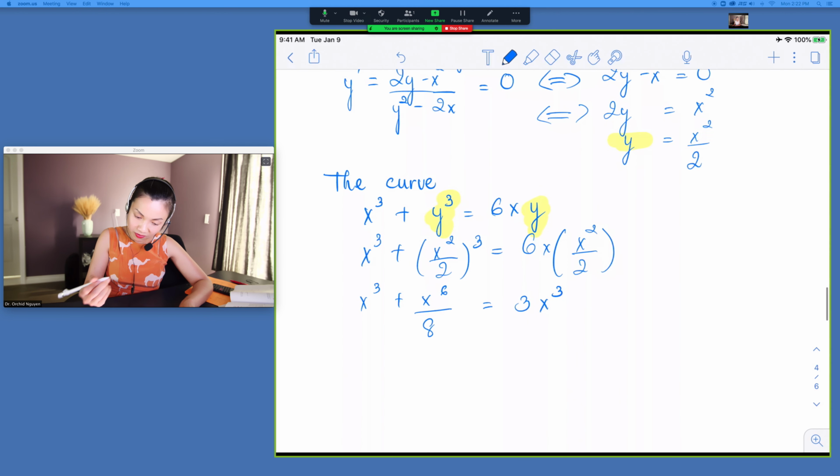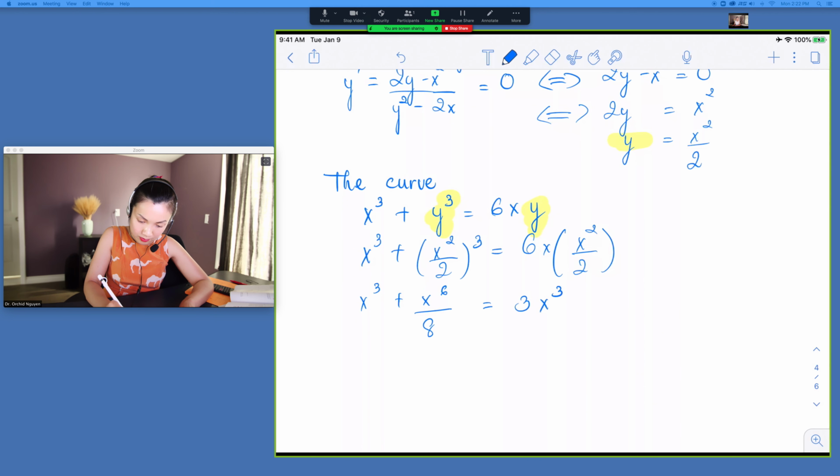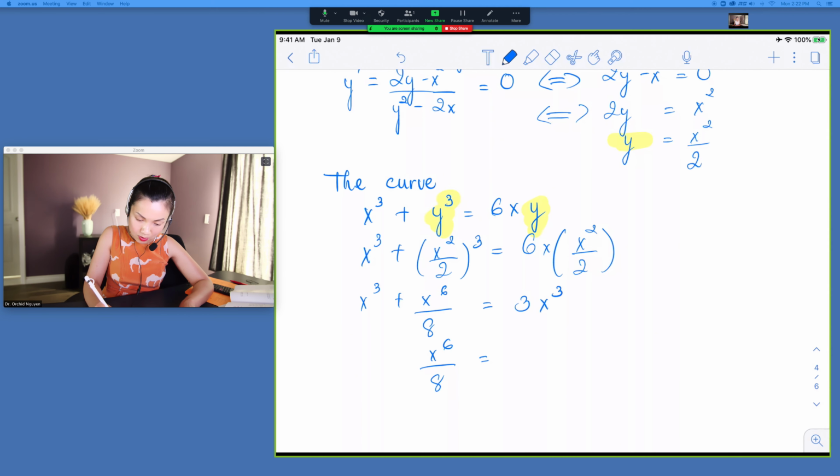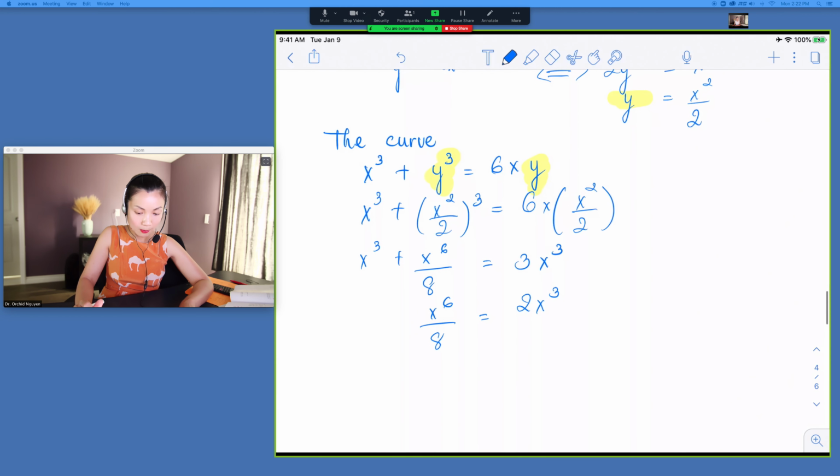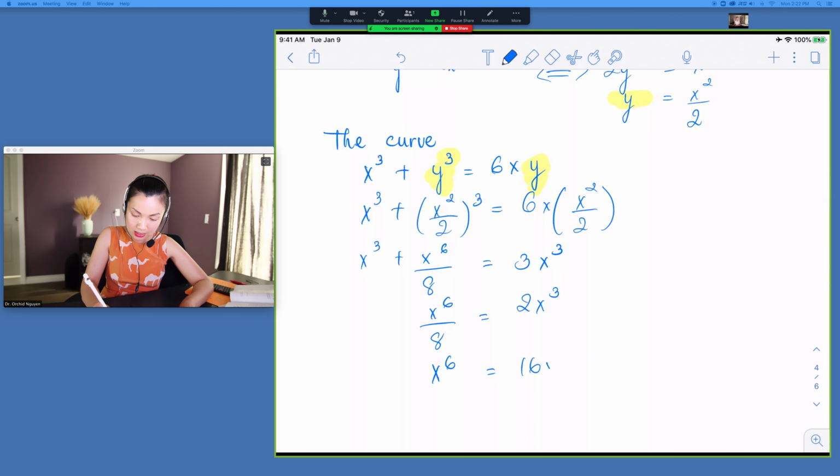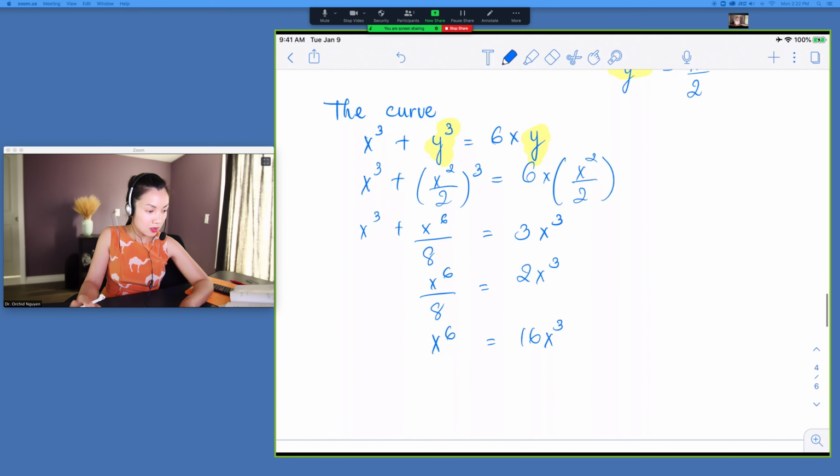I'm going to simplify more. So I have x to the 6th power over 8 equals 3x cubed minus x cubed, so it's 2x cubed. Okay. And let's just move 8 over. So what I have is x to the 6th power equals 16x cubed.